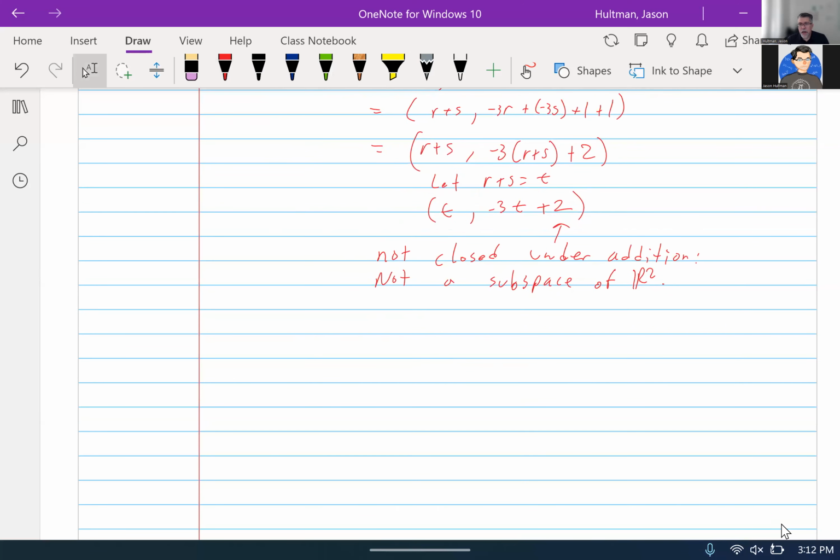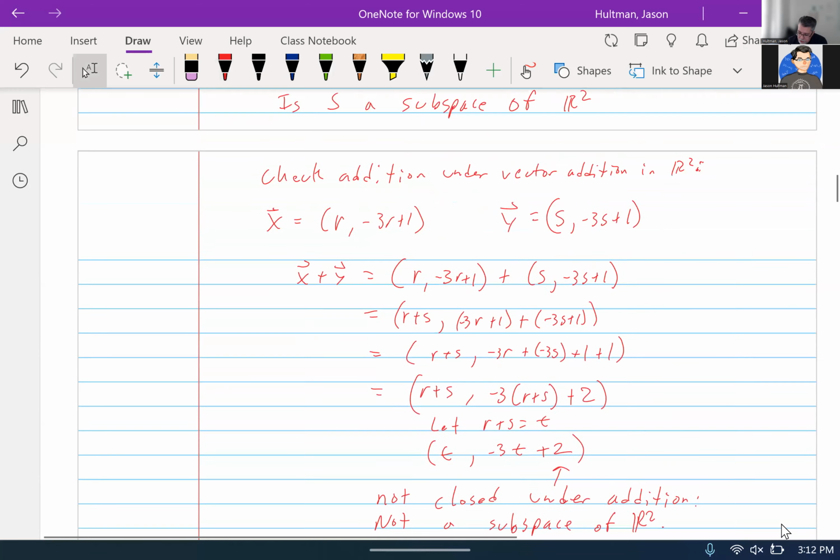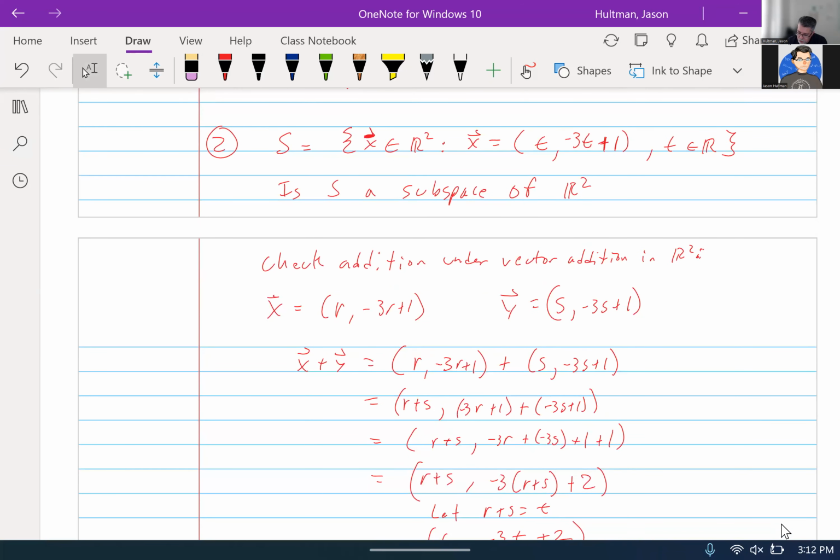So we can see that when we add, it fails. But not only does this fail to be a subspace, the original S here fails to be a vector space.